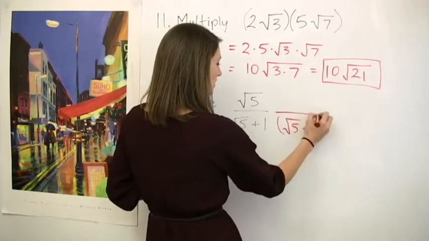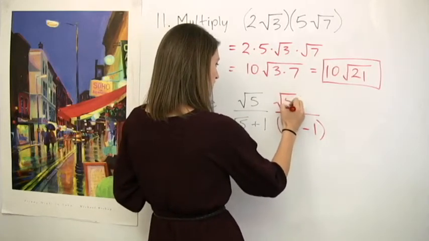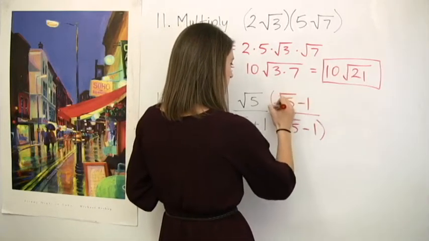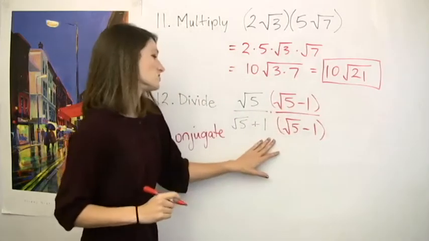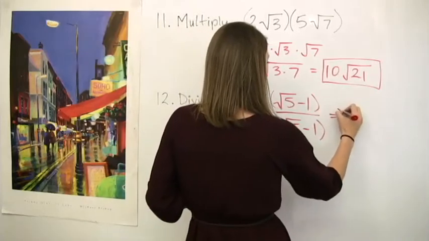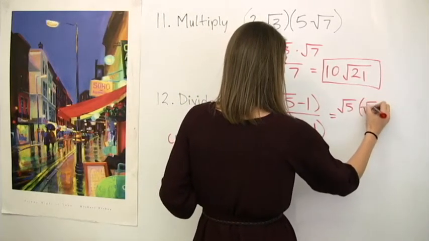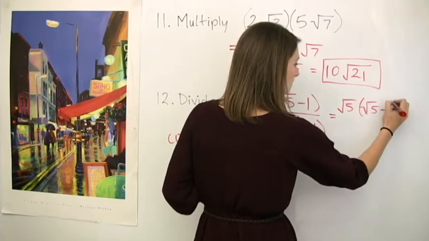So we're going to multiply the bottom of our fraction by the conjugate and multiply the top of our fraction by the same thing. Okay, so now let's simplify this. We have a square root of 5. We're going to combine that. That's times the square root of 5 minus 1.